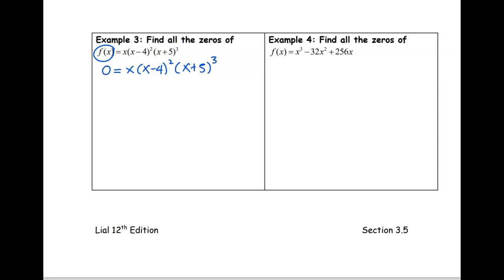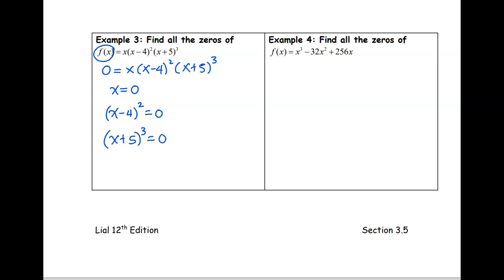Since they're all being multiplied to each other, we know that this will be 0 if one of the factors is equal to 0. That is when x is equal to 0, or (x minus 4) squared is equal to 0, or (x plus 5) cubed is equal to 0.